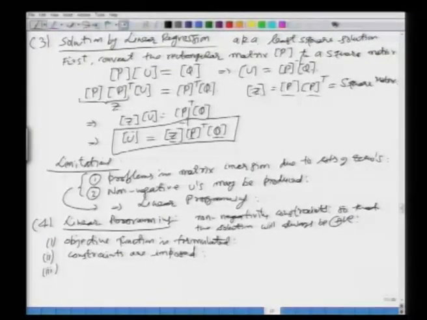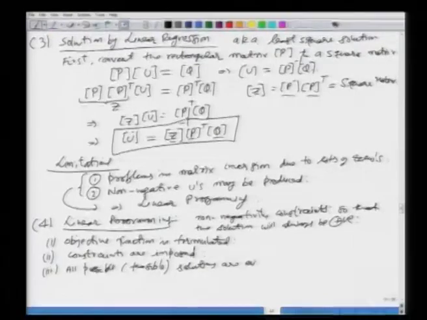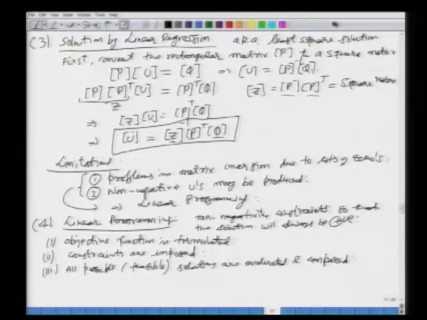The third step is, all possible, which are called feasible in your optimization terminology, solutions are evaluated and compared. So, you are looking at all the feasible solutions. In linear programming we are normally on the boundaries.